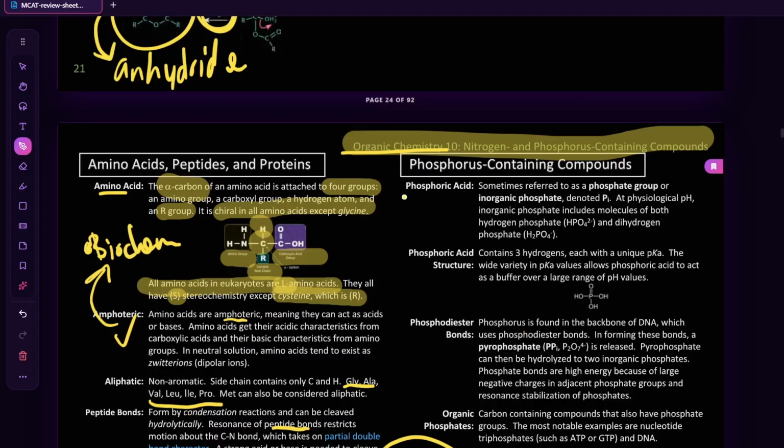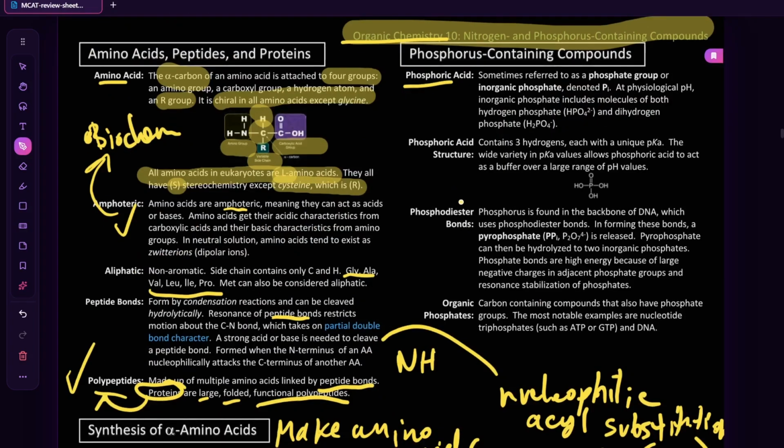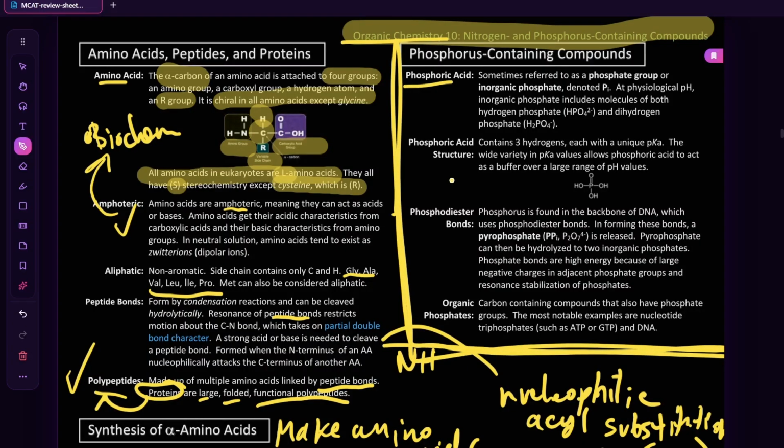So the phosphoric acid, now we can go into phosphorus containing compounds. So we're switching our gears fully to phosphorus containing compounds now, right? Phosphoric acid, also called a phosphate group or an inorganic phosphate, is written like this. It carries 3 acidic hydrogens, each with a distinct pKa.